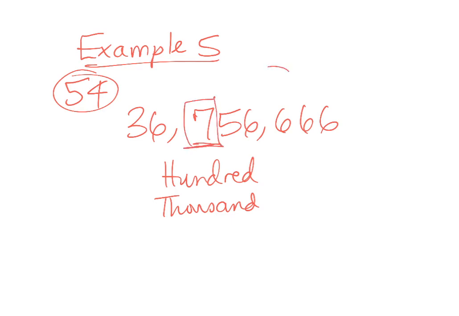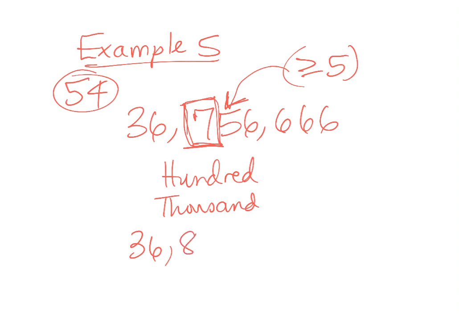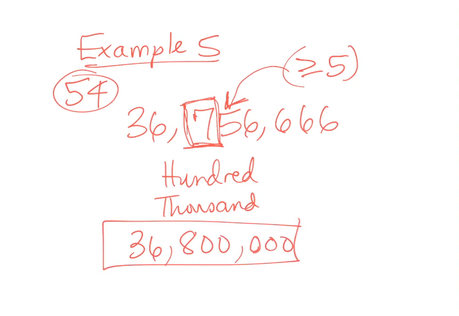And what is the number next to it? And then you basically see if it's greater than or equal to 5, which it is. So we get 36,800,000. So it's very important to note that if it is greater than or equal to 5, you round up. And that's what we do for that problem.